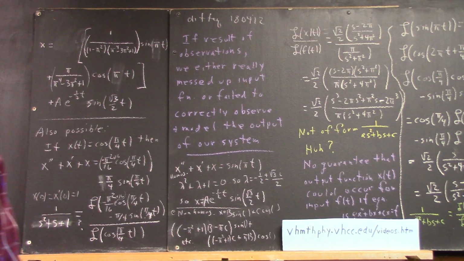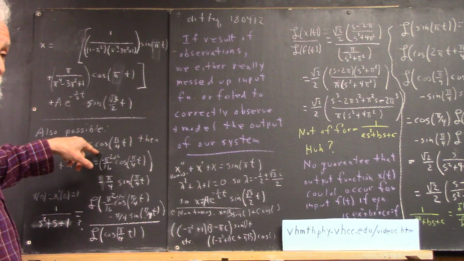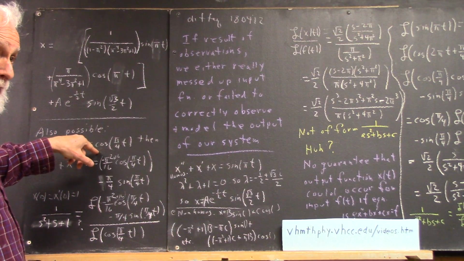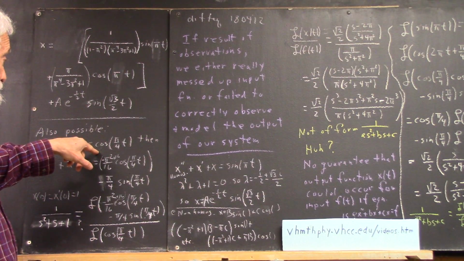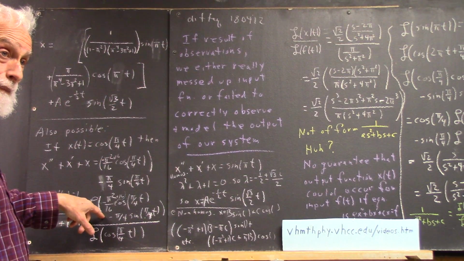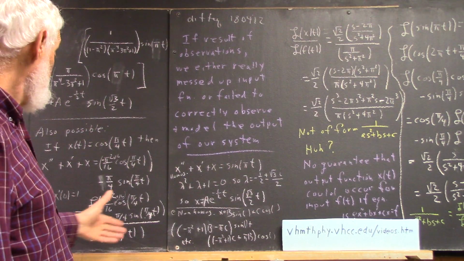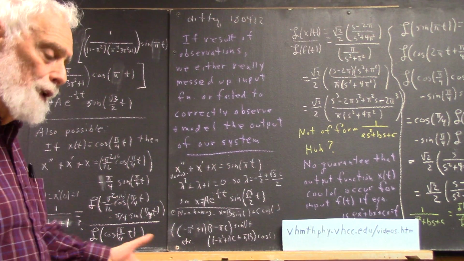And that's your system transfer function. And then if you drive it with something different, you can transform your driving function. And then you can get the Laplace transform of your x of t function. Well, we'll get there next time.